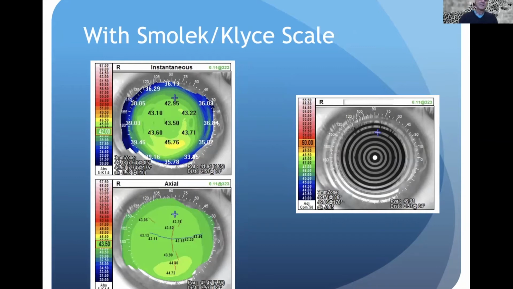And this is that same cornea adjusted to an absolute scale with the Smolek-Klyce values of the steps being 1.5 diopters. And we should be suspicious. I'm not saying you should ignore these things, but don't panic.